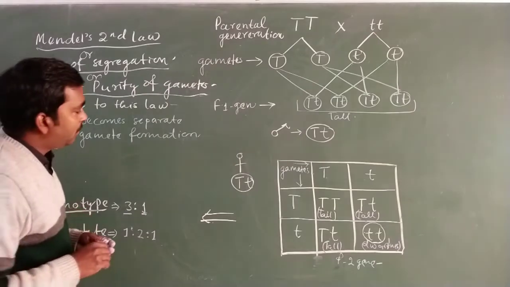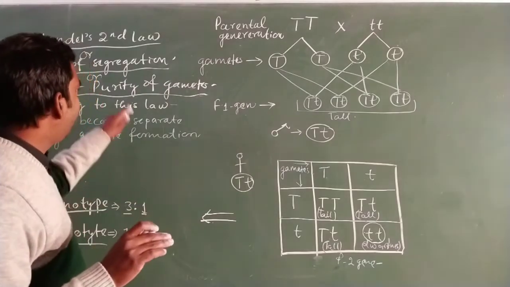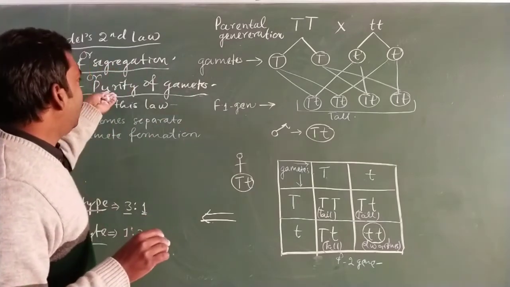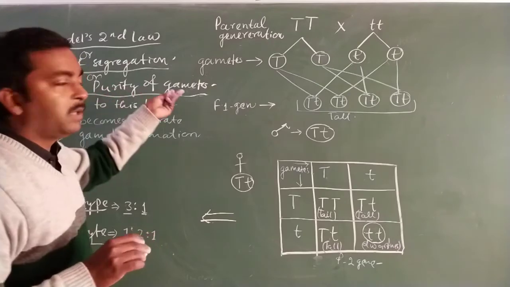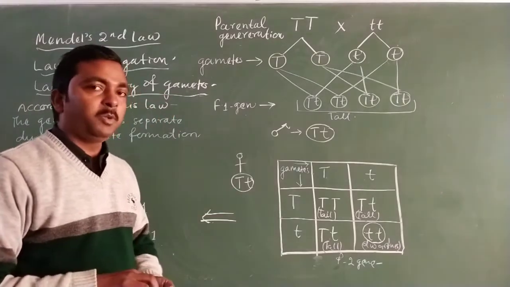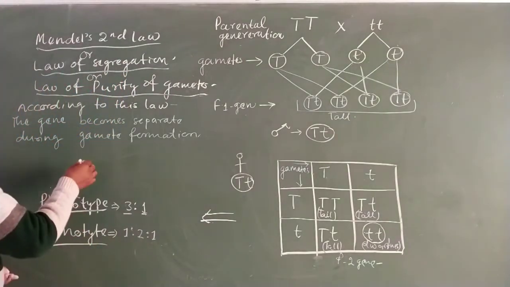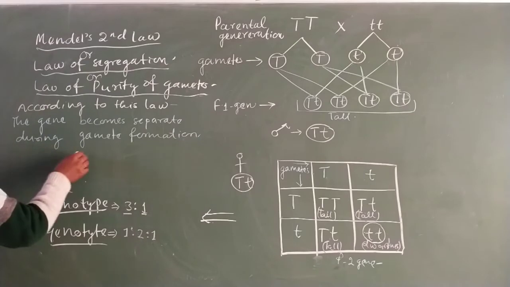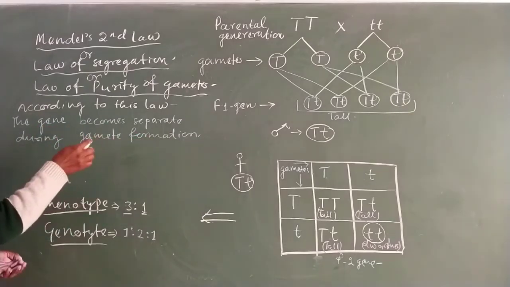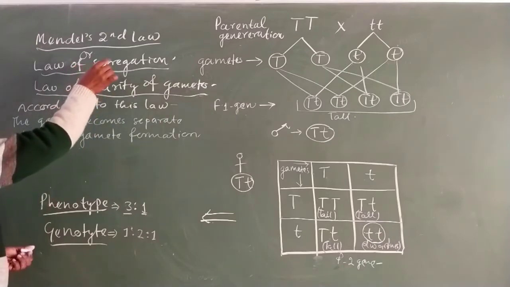So this is one form of the law of segregation, and we can also say this law is the purity of gametes, or law of purity of gametes. In other words, this law also states that the genes become separated during gamete formation. This statement shows the law of segregation.